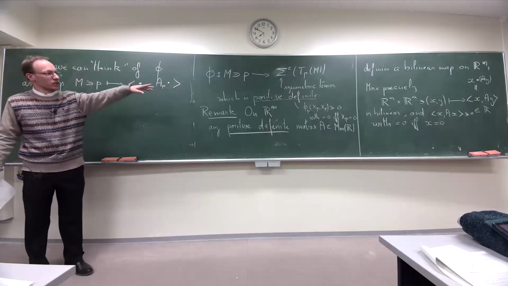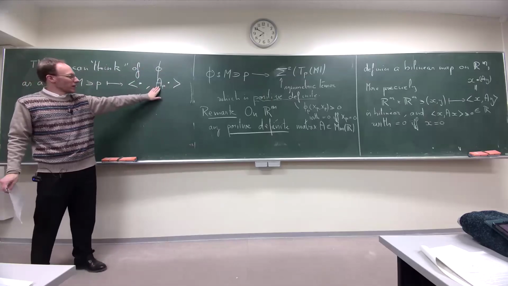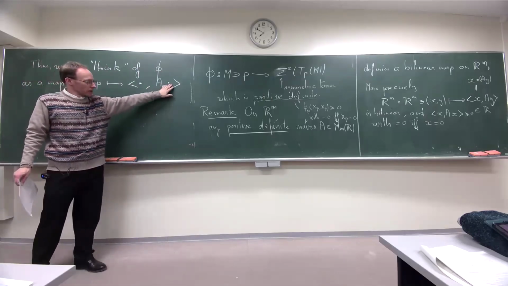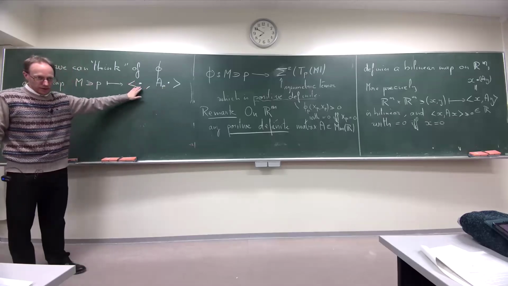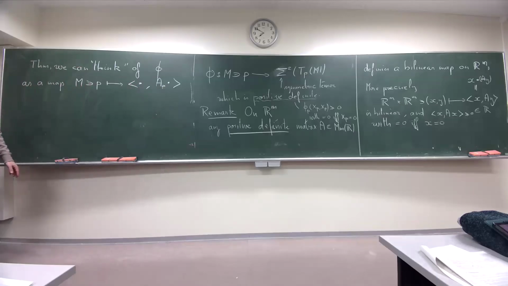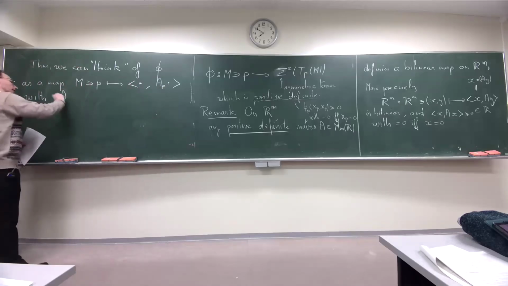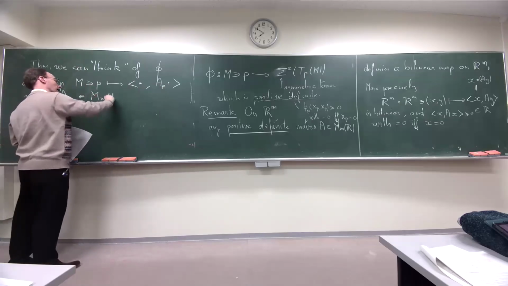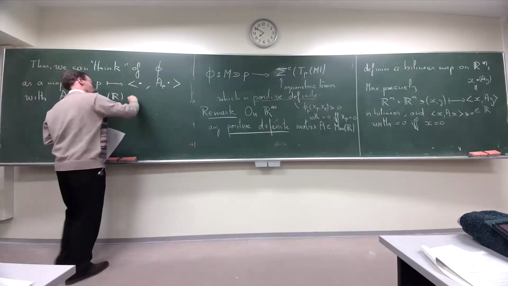I just keep the structure of a matrix which depends on p. You can enter a vector here, you can enter a vector here. It's going to be bilinear and positive definite, with A p belonging to the matrices over R, positive definite.